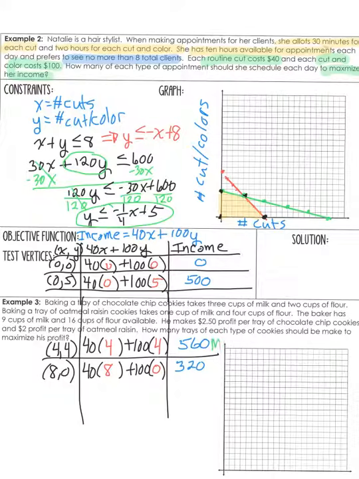So let's go ahead and write our answer, because this is our max. And then we're going to write our solution. So therefore, Natalie will maximize, we're just going to put max, her income at $560.